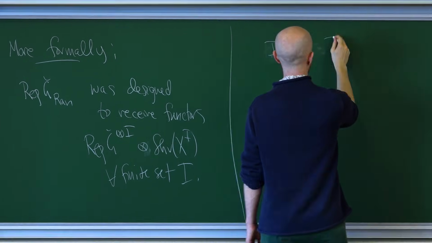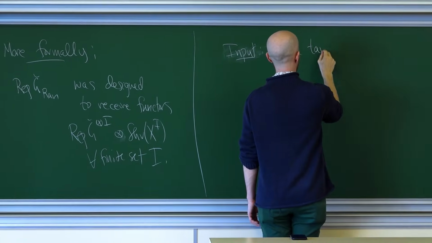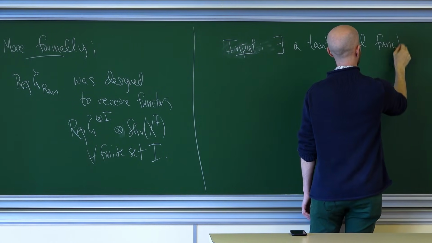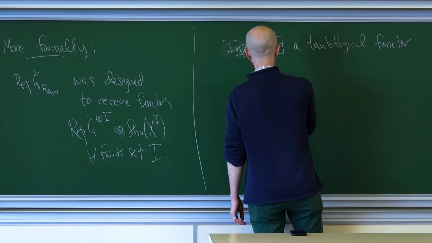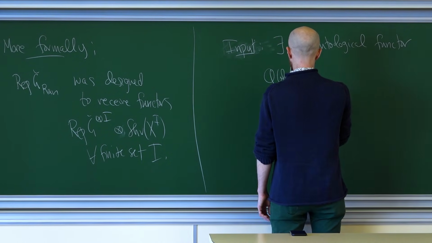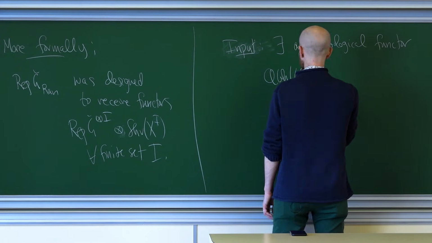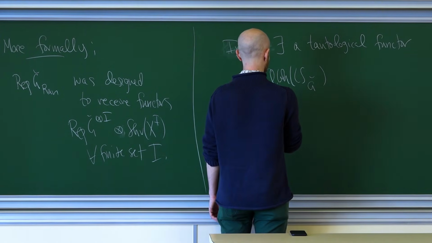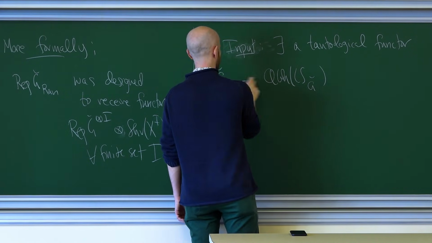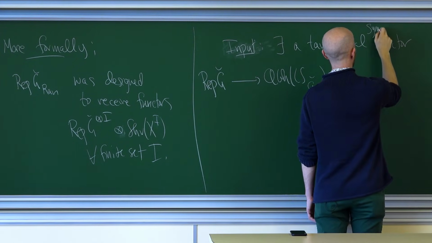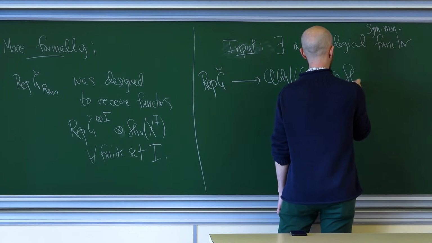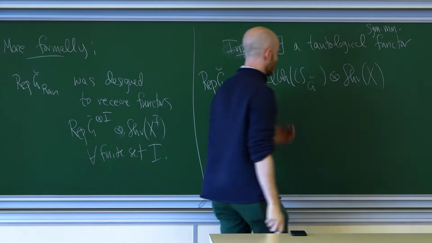So the input is that there exists a tautological, let's say, symmetric monoidal functor from Rep G check into these sheaves on X.